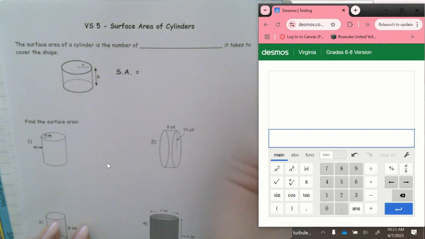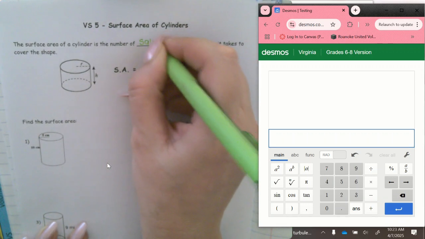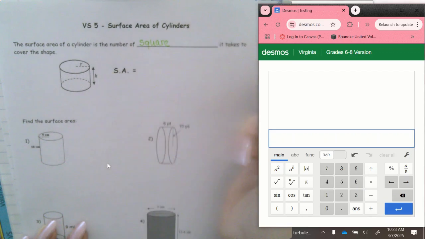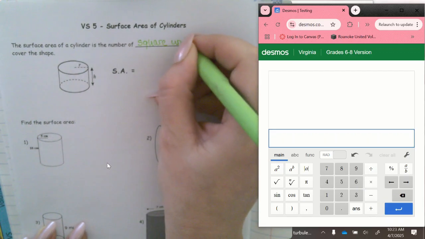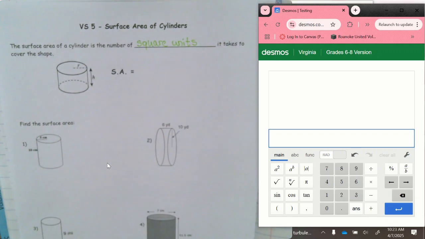Surface area of a cylinder is the number of square units that it takes to cover the shape. So again, we're talking about the outside of the shape. Volume is the inside, surface area is the outside.